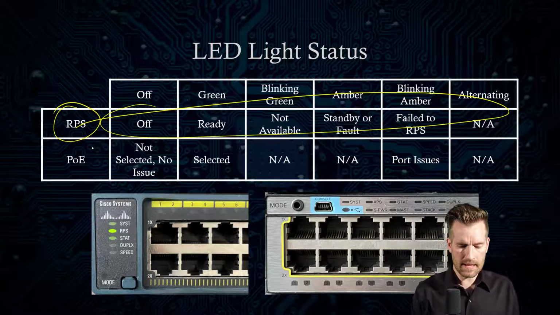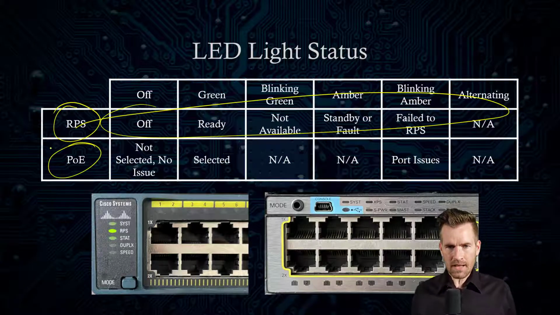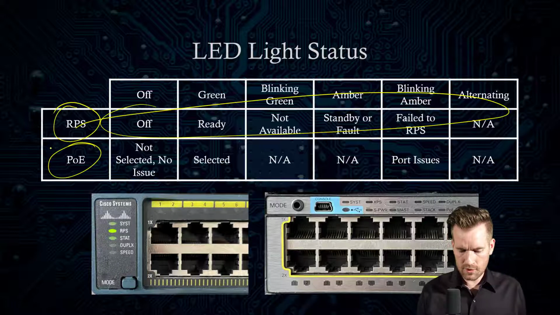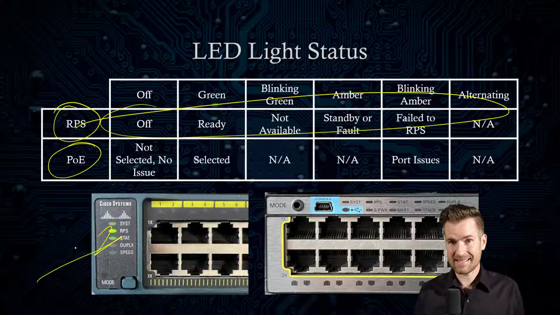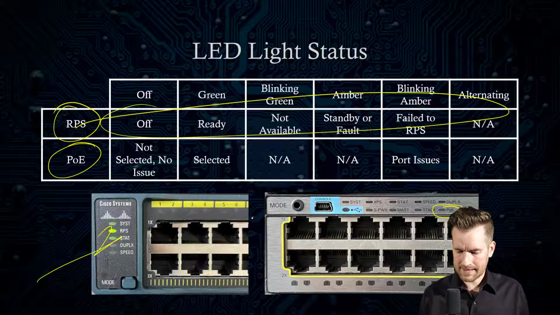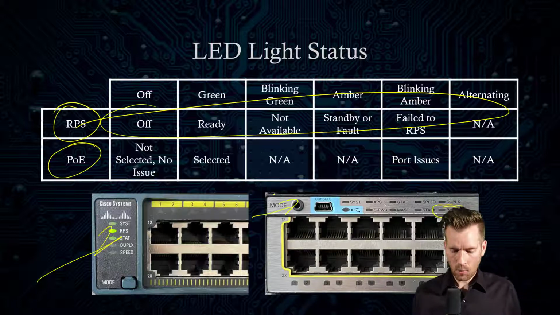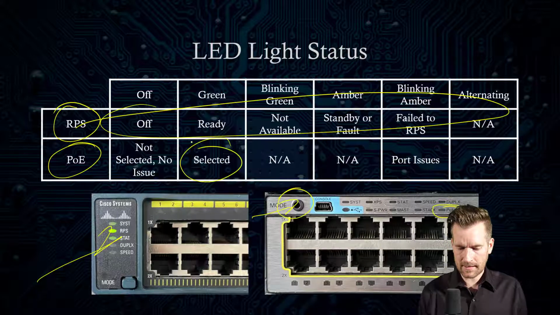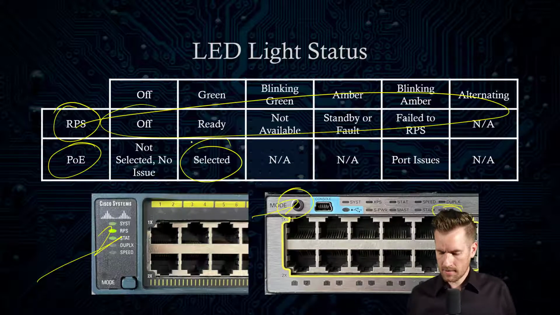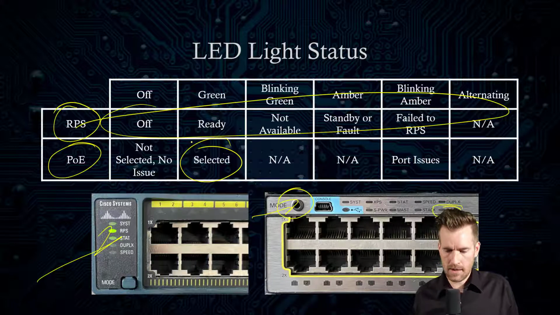Then we have the PoE light. The PoE light, we do not see it on the 2960 because it doesn't have PoE capability. We do see it on this 3750. And so it is something that we can select. When we press the mode and it cycles through the different ones, when we have it selected, it's just green. And so that lets us know that the ports are indicating their PoE status.